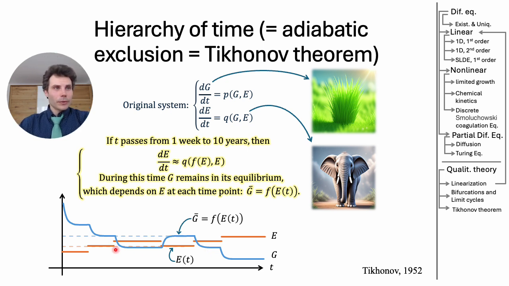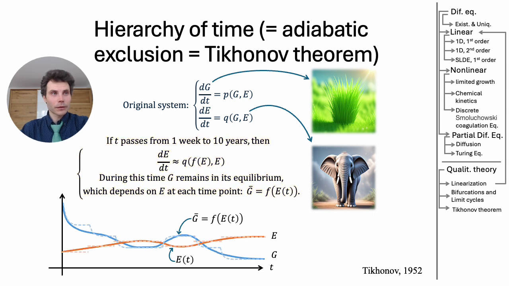Now we recall that our equations are not discrete, they are differential, they operate with smooth continuous functions. We assume that the elephants' population grows not in discrete steps, but continuously.